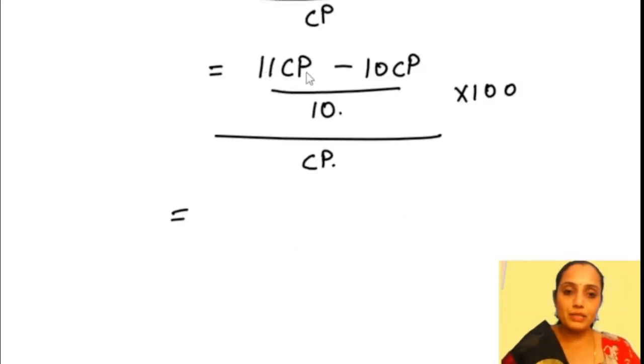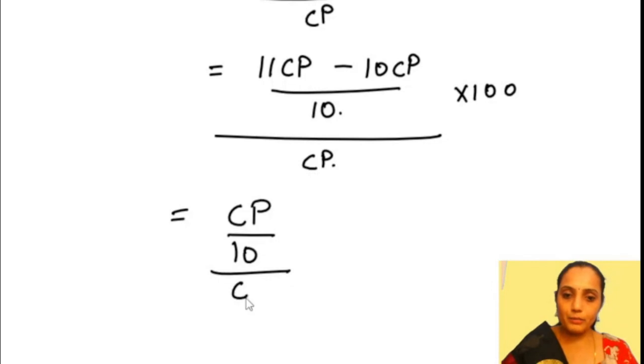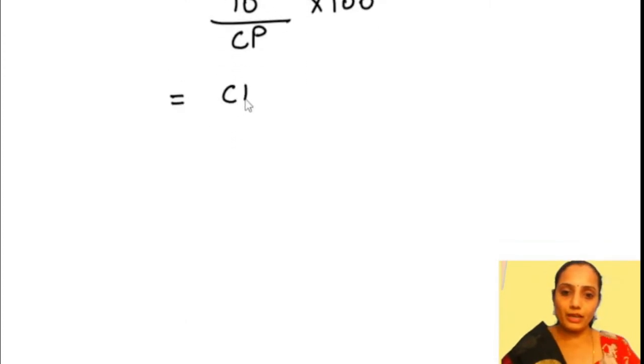We have 11 CP minus 10 CP. This gives us just CP. 1 CP divided by 10, the whole thing divided by CP again, into 100. Okay, so we are going to write this as CP by 10. This CP will become 1 by CP.